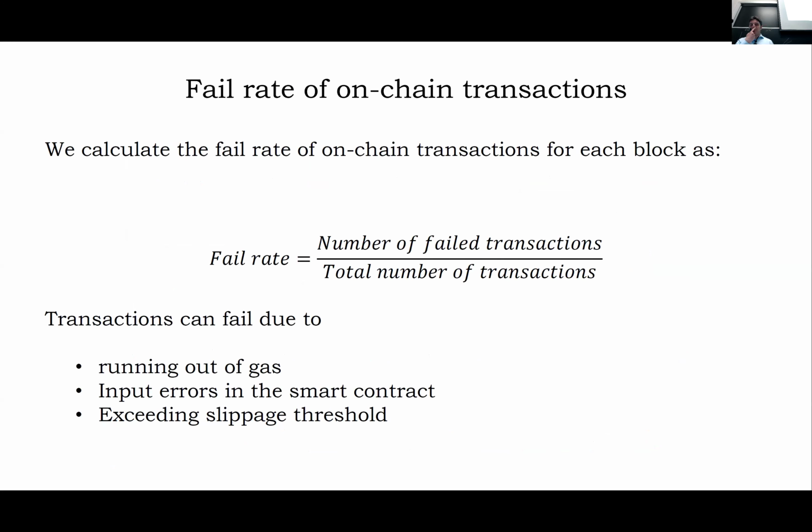Then we say, okay, let's look at another measure of inefficiency, the fail rate, which is again related to the question of congestion. The fail rate per block is defined as the number of failed transactions divided by the total number of transactions. So what does it mean that the transaction fails? A transaction can fail for several reasons.